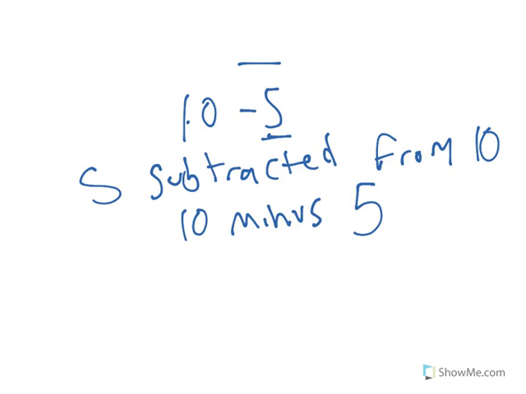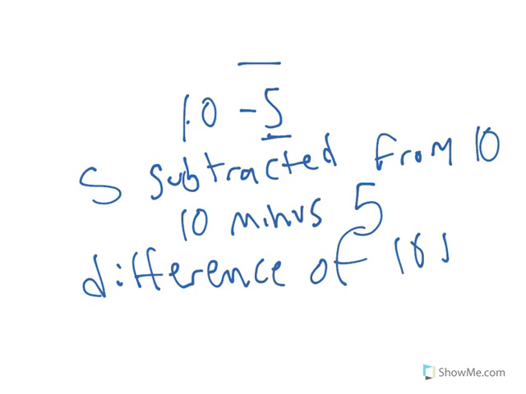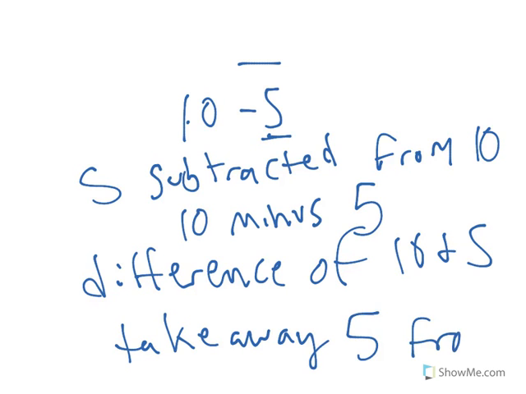We could say the difference of 10 and 5, or take away 5 from 10. Those are all different ways that we could say 10 minus 5. They all mean the same thing.